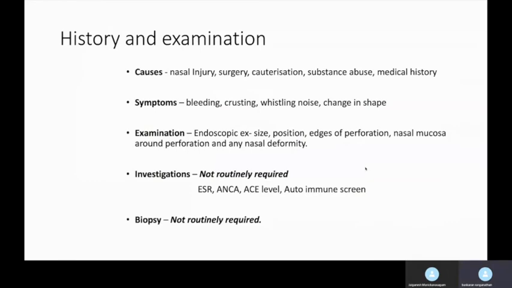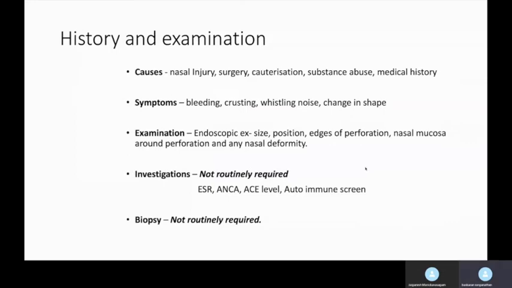In your history and examination, your history should focus on the causes of septal perforation, which you've seen in the previous slide. Any recent surgery, injury, substance abuse, medical history.